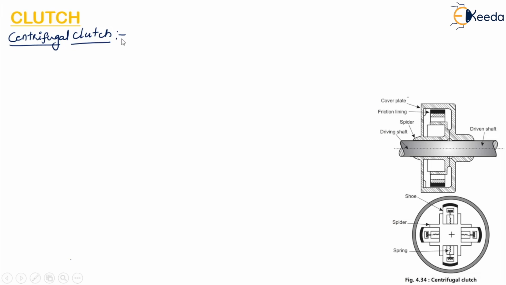So the configuration of this clutch is that it consists of a number of shoes on the inside of a rim of a pulley. Here you can see there are shoes present and there is a spider. All these black colored parts are the shoes.